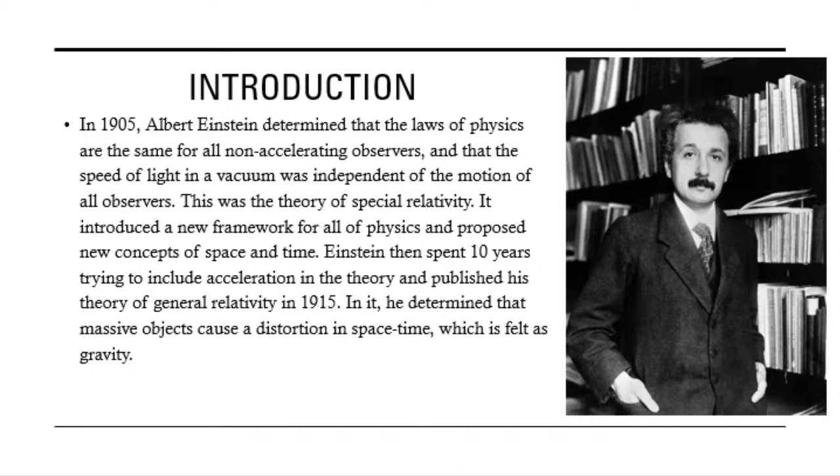It introduced a new framework for all of physics and proposed new concepts of space and time. Then Einstein spent 10 years trying to include acceleration in the theory and published his theory of general relativity in 1915. In it, he determined that massive objects cause a distortion in spacetime, which is known as gravity.